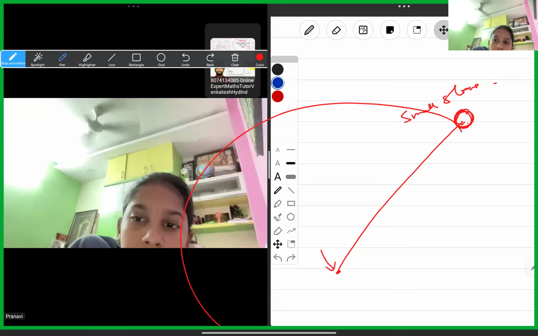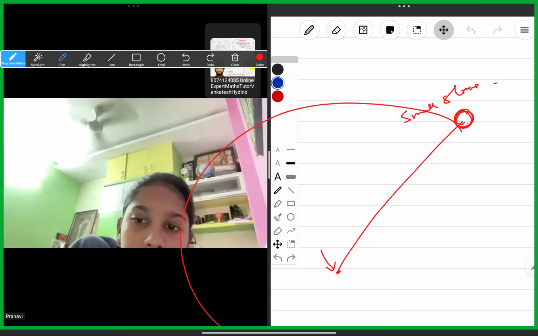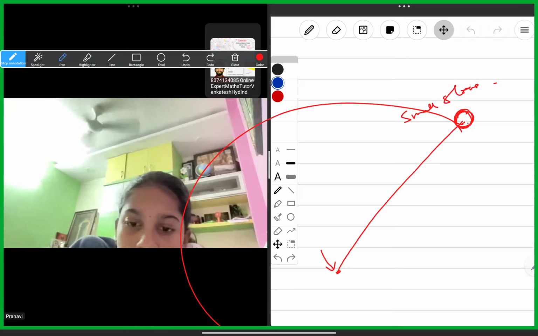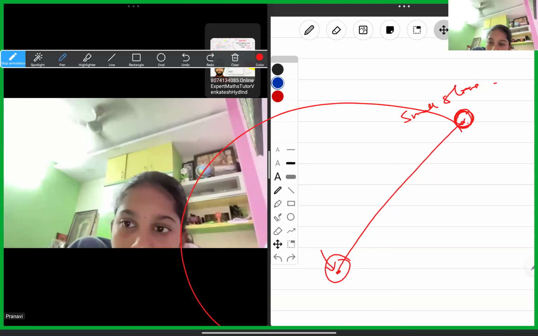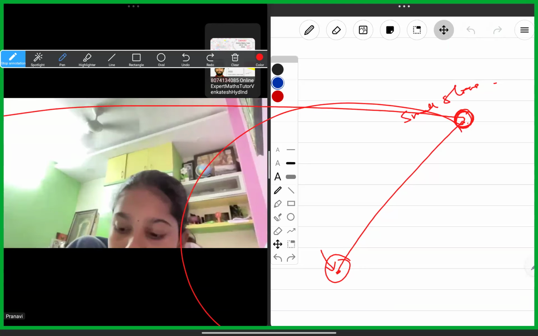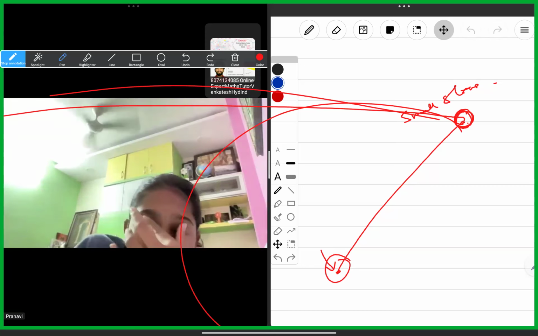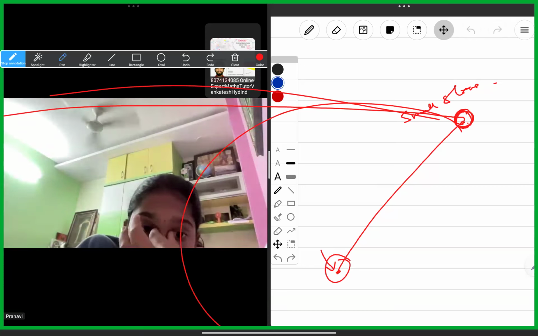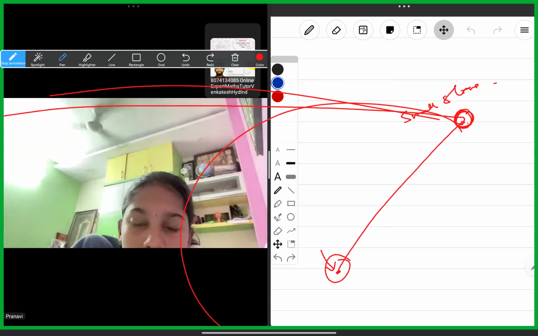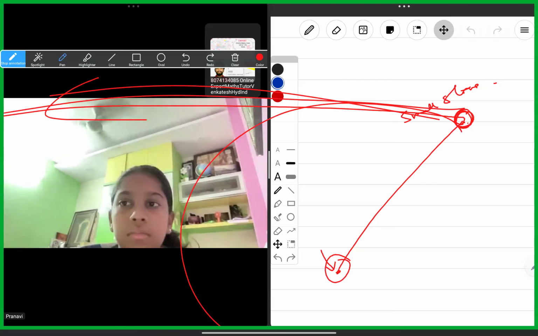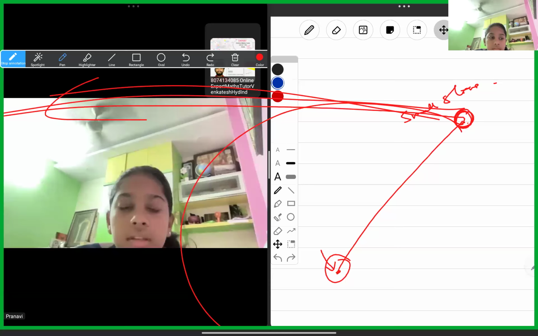But when we suddenly leave the thread, removing the contact, the stone will move in the tangential path, because from the position where you left it, it will move in the tangent straight.